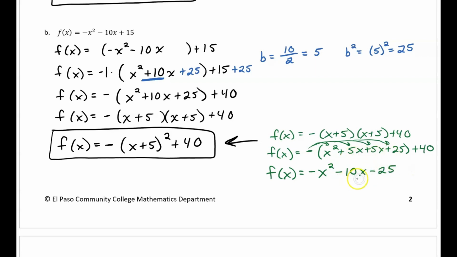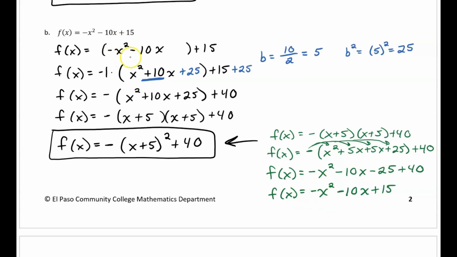I combined these into 10x and the negative went through. And I still have that 40 outside. There's no more outside if I get rid of the parentheses. And one more combining of like terms: negative 25 plus 40 gives me that 15.